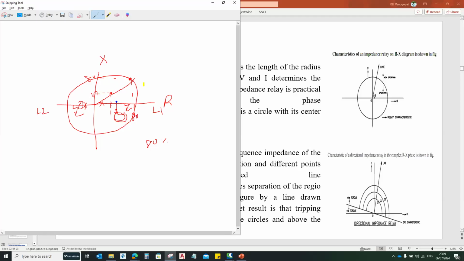Let's assume that you have the CT here and my protection relay is available here. My protection relay is provided with that impedance characteristic, where I have this plot circle. As the relay is available with these characteristics, even if the fault is on the other end, this relay will sense this fault and trip this circuit breaker before the circuit breaker there operates.